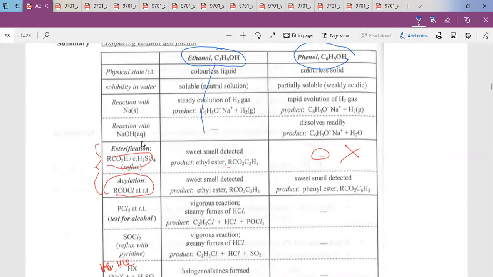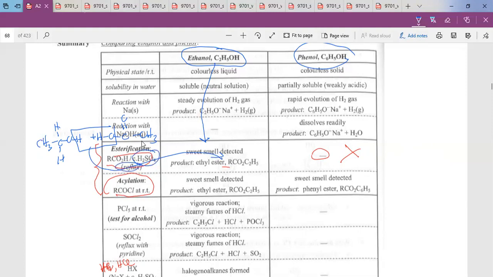For your ethanol, very simple. You can do it straight away with your carboxylic acid, like CH3COOH. You just reverse the formula, which is easier to write. You can produce an ester straight away. Remember, the OH comes out from here, and you get your ester, with concentrated H2SO4 and heating under reflux.